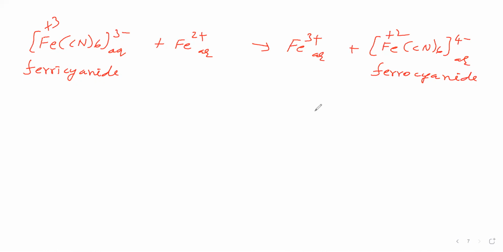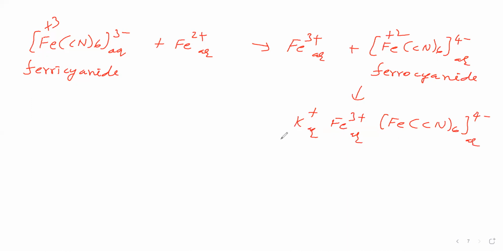So we got it like this. Here the cation is K+, here the Fe3+ cation is there. The anion is Fe(CN)6 4-.